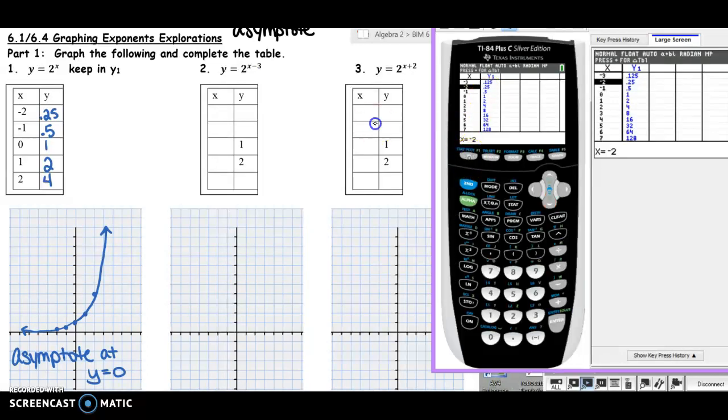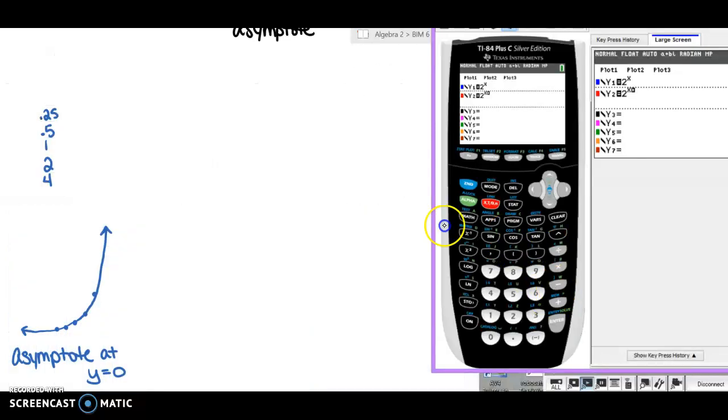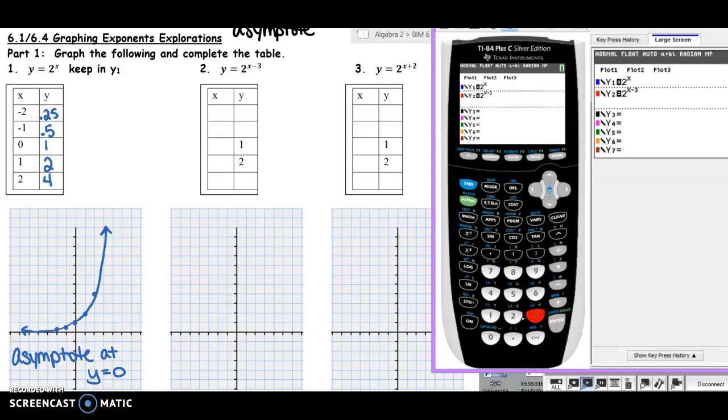You can leave 2 to the x in your y1, go down to the red y2, and enter 2 raised to the x minus 3. And then graph it and see what happens with this graph.